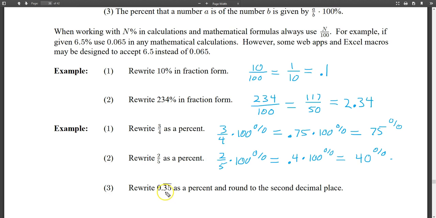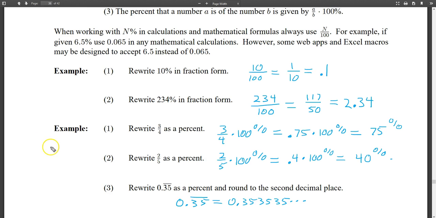Let's rewrite 0.35 repeating as a percent and round to the second decimal place. Well, okay, so we would multiply this by 100. 0.35 repeating like that, remember, is just 0.353535, and it just keeps going.